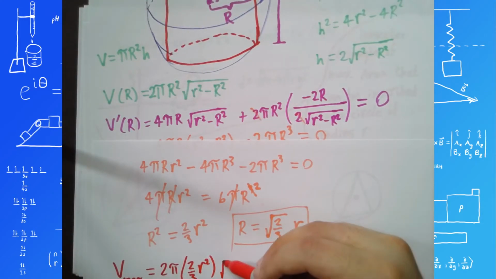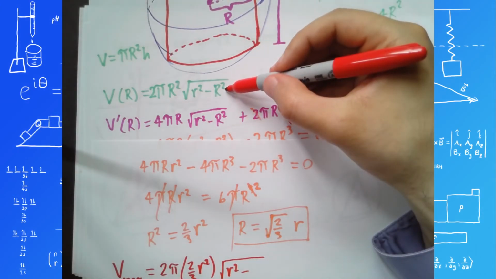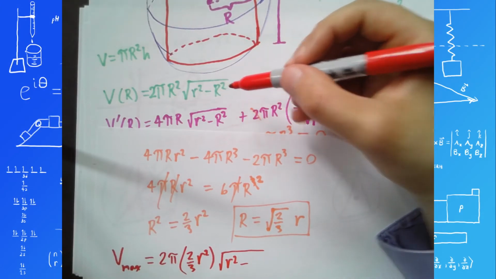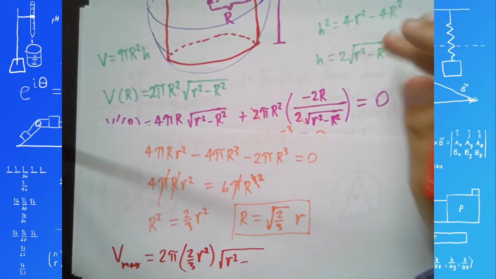Times the square root of little r squared minus big R squared, which was, again, 2/3 little r squared.